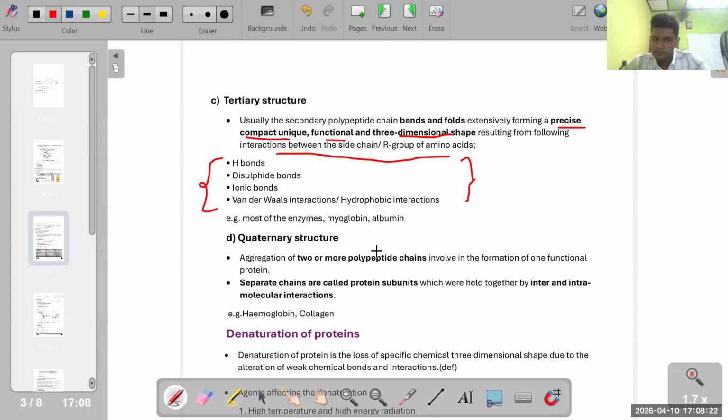Is it clear? Yes. Here in the tertiary structure, what type of bonds are present? The interactions are formed between what type of groups? Backbone or side chain? Side chain. Is the side chain constant from amino acid to amino acid or does it change?